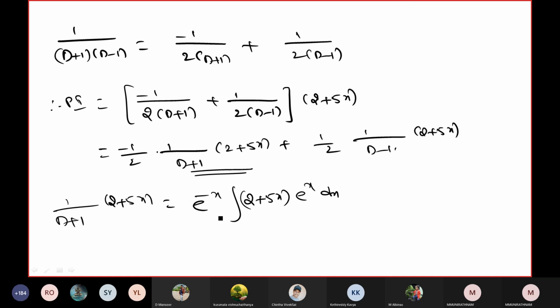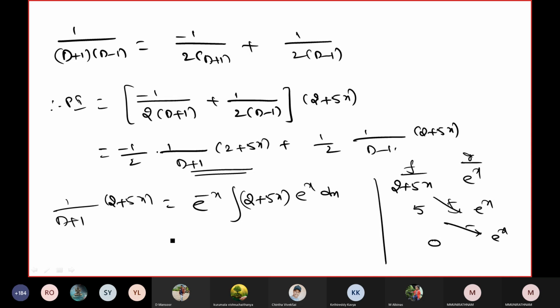Okay. Yeah, how to integrate this? 2 plus 5x e power x. The derivative of this is f, this is g. The derivative of f is 5 e power x, then 0 e power x, with plus minus signs. So this is e power minus x into 2 plus 5x into e power x minus 5 into e power x.